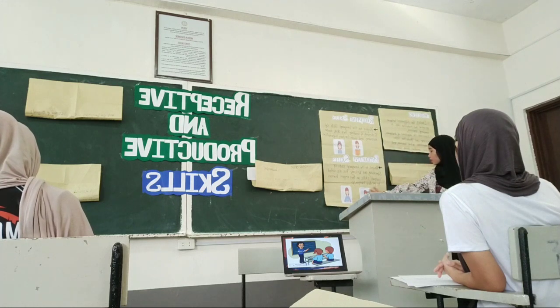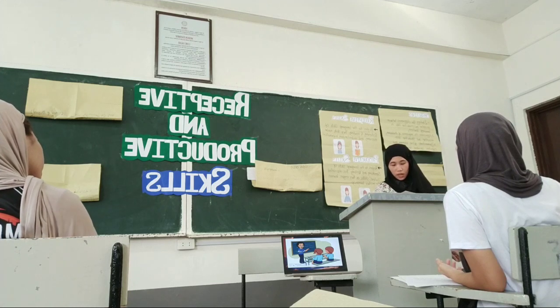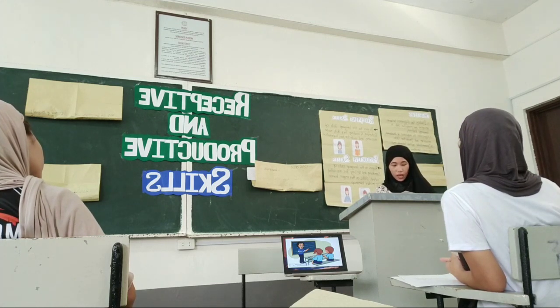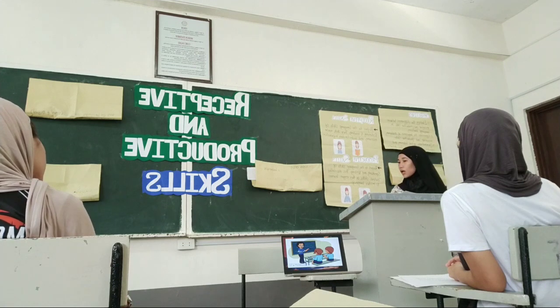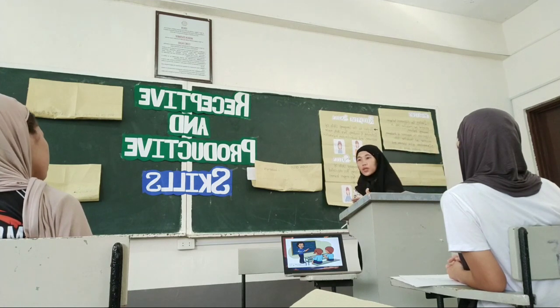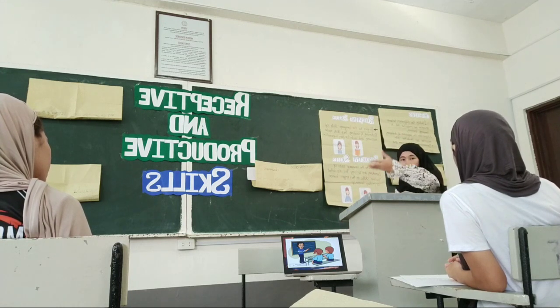So one example for speaking is participating in a discussion and expressing your opinions and ideas clearly. So as we did earlier, one of you expressed your opinion about what you saw in the picture.